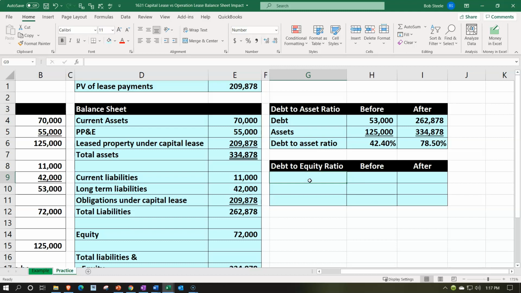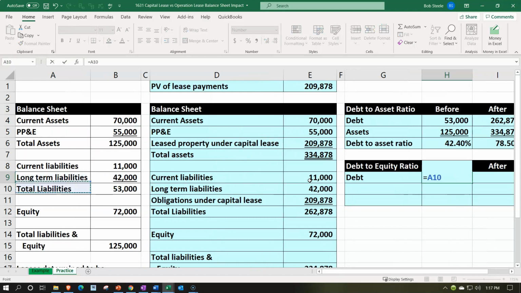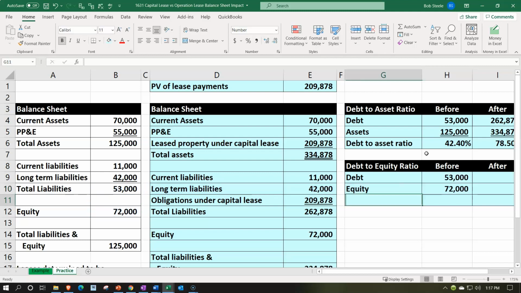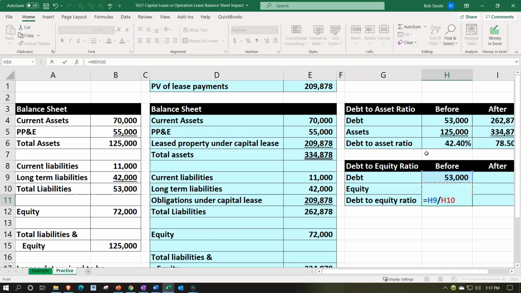And then we can take a look at the debt to equity ratio. So if we take the debt, once again, before the debt was the 53,000 and equity was equal to the 72,000. And so that gives us our debt to equity ratio, which is equal to the 53 divided by the 72. We were at a debt to equity, numbers group, making that a percent, couple decimals, 73.61, underlining that.